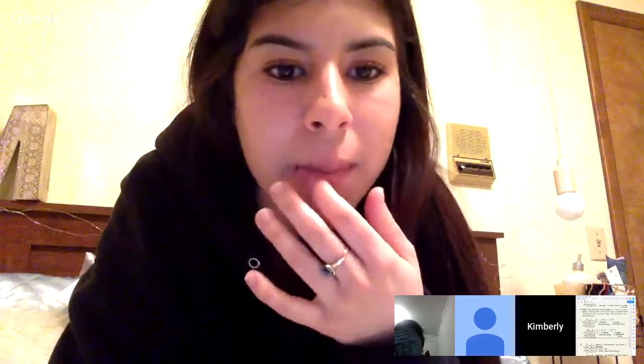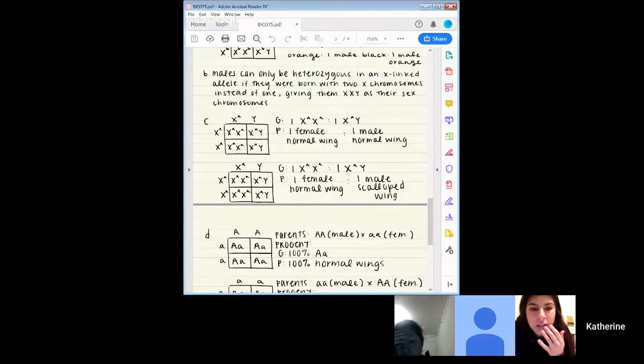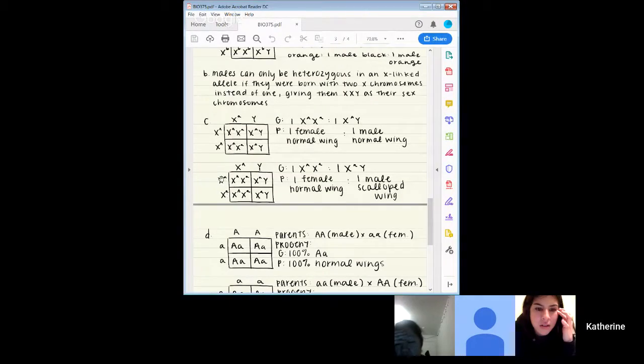In the first cross, did you do homozygous dominant for the mom, or is it heterozygous? It's heterozygous, right? It looks heterozygous. Okay. And then the second cross, it's homozygous recessive, right, for the female? Yeah, the second cross is homozygous recessive.